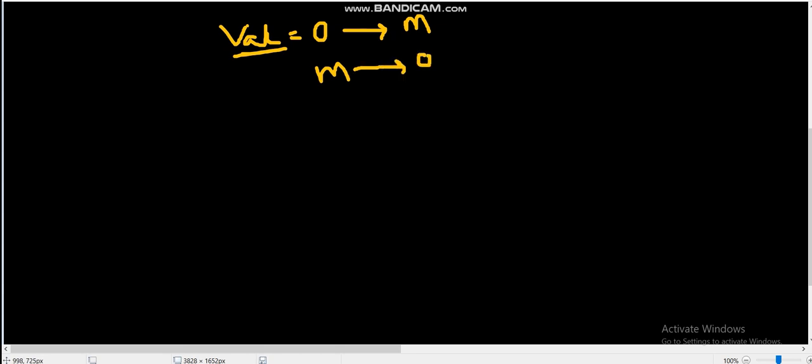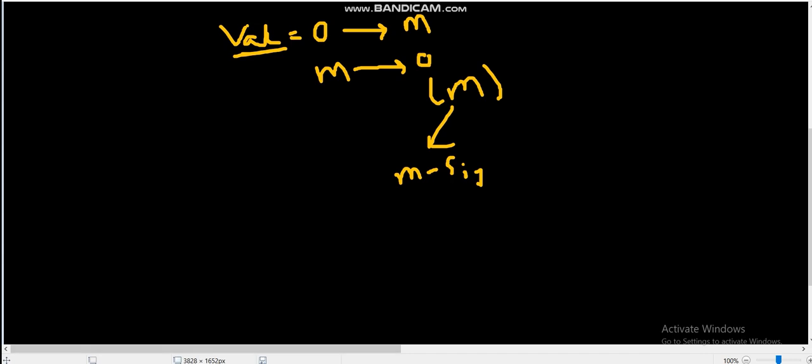Both are similar. Initially our points are M, and when we choose some integer, the number of points decreases from M to M minus S_ij.